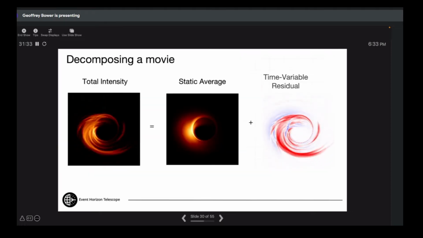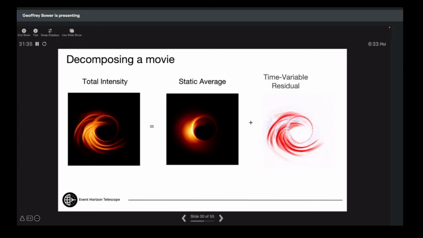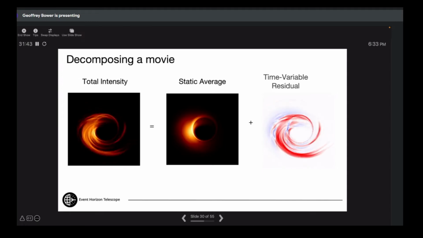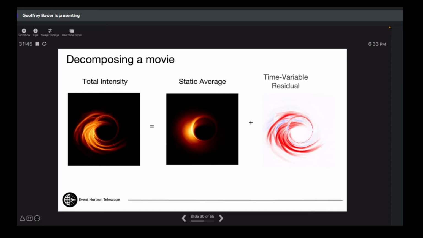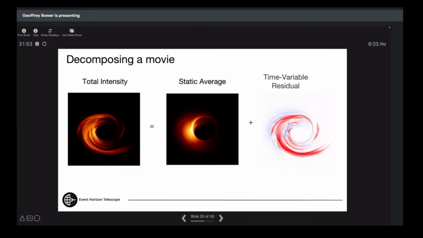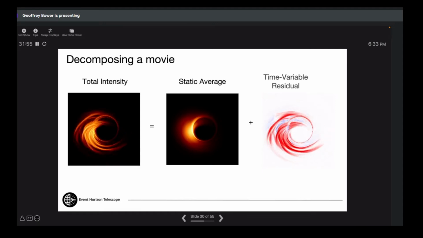So one of the techniques that we made use of for how we dealt with this variability was essentially to decompose the result into a static image and a time variable residual, and we attempt to characterize that residual.